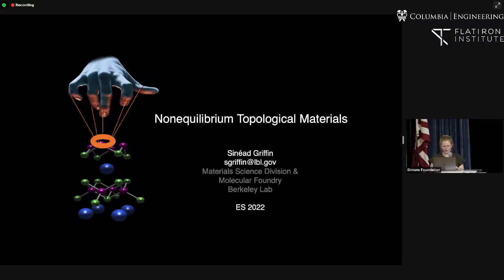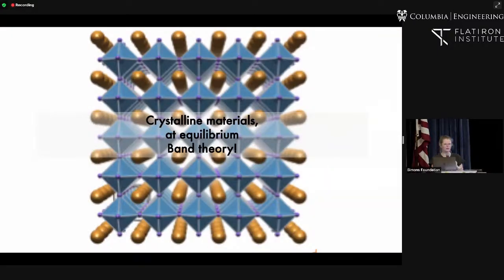Okay, so why do we care? You probably saw even recently, there are a lot of papers saying most materials are topological, right? There are all of these nice symmetry indicators to check if materials are topological or not. But that relies on crystalline materials. A lot of these markers for topology in real material systems depend on crystalline symmetries and equilibrium, and they really do depend on band theory.